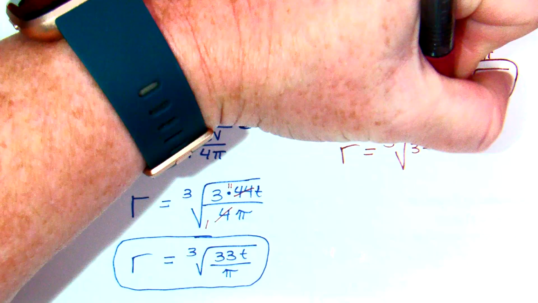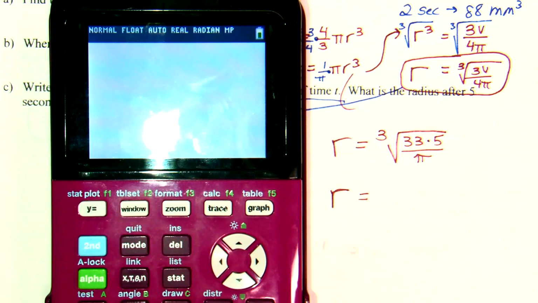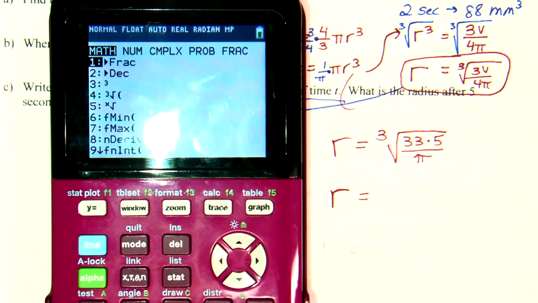Can you do it? It's good practice. So first of all, a cube root. Okay, I couldn't remember. A cube root, it appears, is not one of my main buttons.